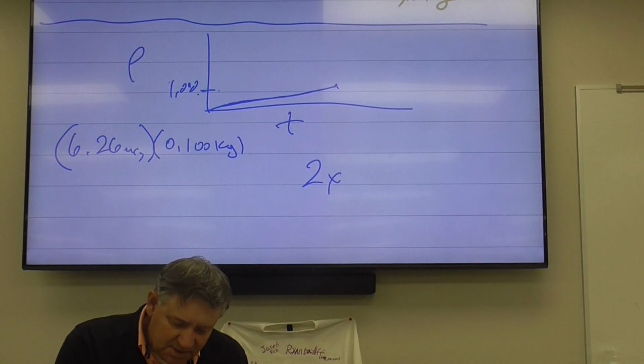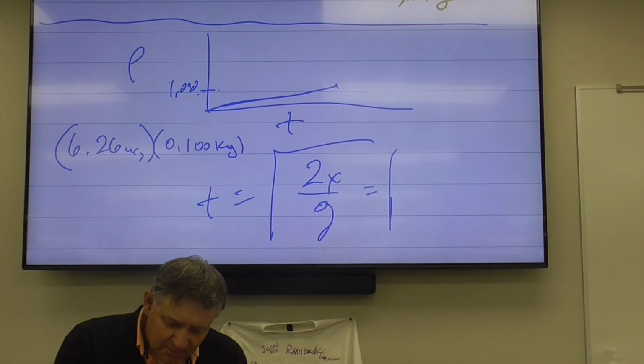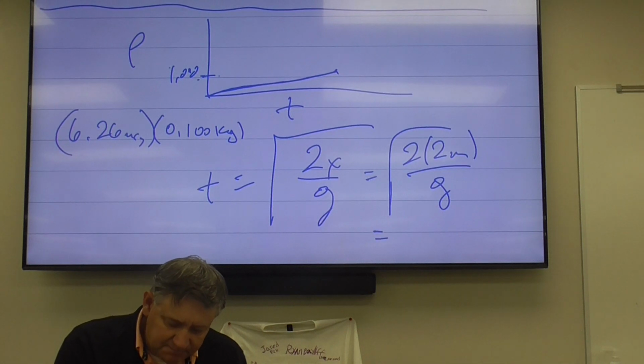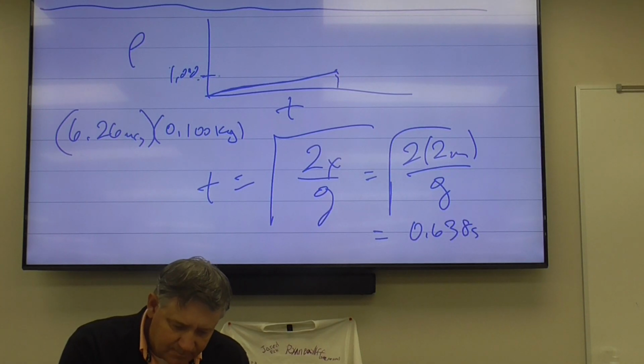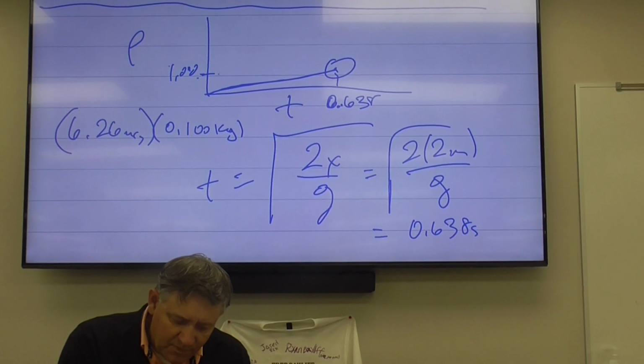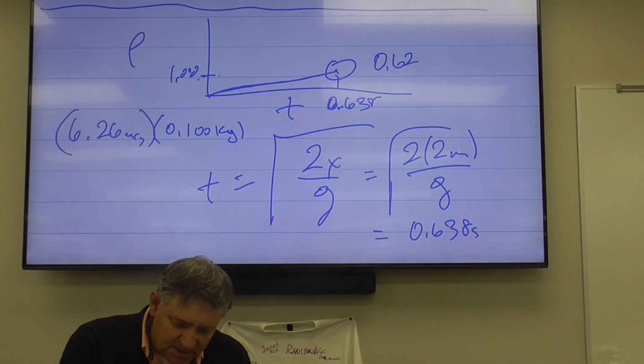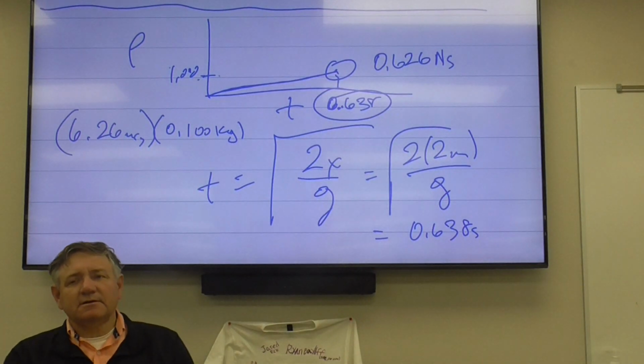We can do 2x over g, the square root of that, to get time, which would be 2 times 2 meters divided by g, which gets me 4 over 9.8, so 0.638 seconds. So it's going to land with a momentum of 0.626 Newton seconds, and that's going to take 0.638 seconds.